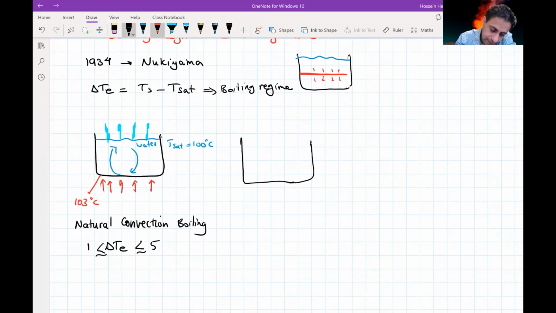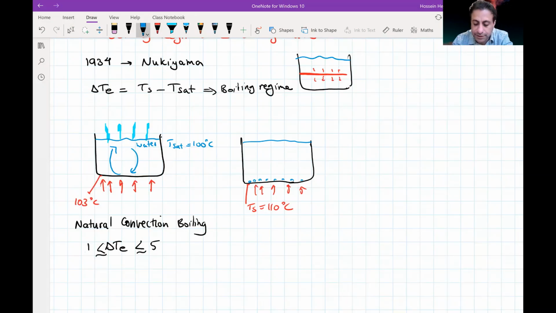so we have the container still heating. Now, if the temperature reaches, let's say, 210 degrees C, we are going to see formation of bubbles at the surface.